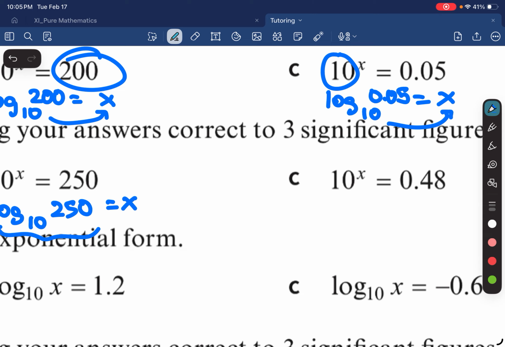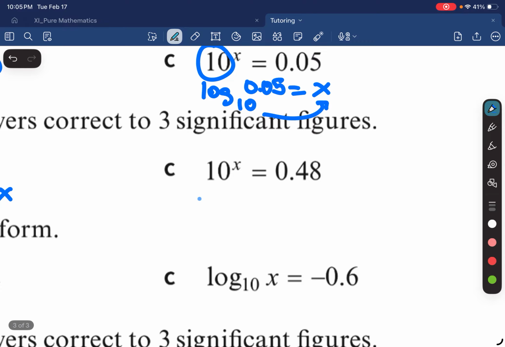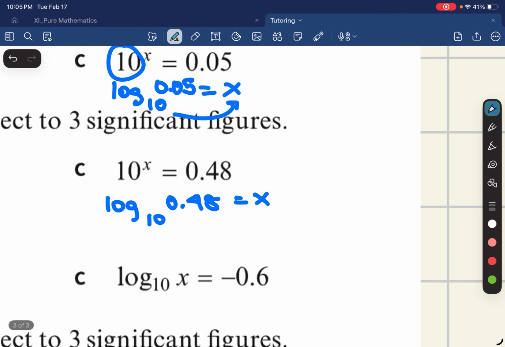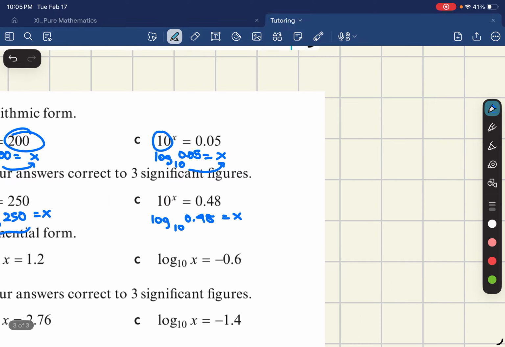You have base 10 and base e. And if you just press on the normal log button, it's already understood by your calculator that you are using the base 10. So this is again going to be log base 10 of 0.48 equal to x. So if you solve this, I think you should be getting a negative value. So log 0.48 is, yes, negative 0.32 something 318.